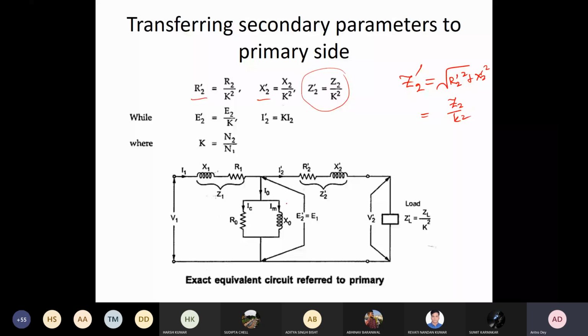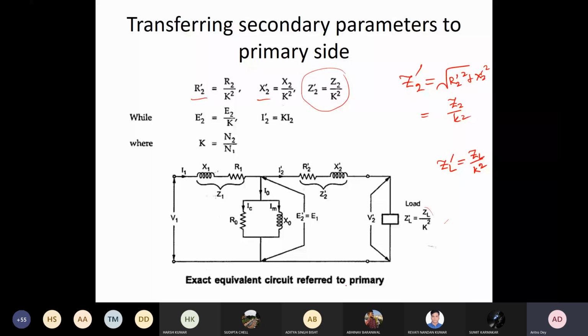And when you want to connect your load with the primary, then that also we should take care of. So if you have ZL, your ZL dash will be same as ZL by k square. So that also you should change, and you get your overall circuit like this. So this is your complete circuit for the transformer, where it is the exact equivalent circuit referred to primary.